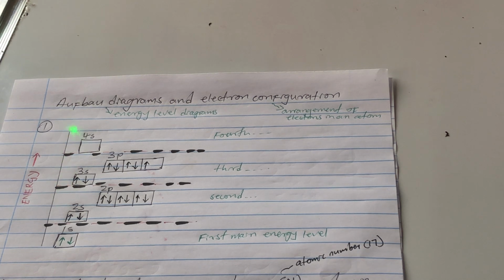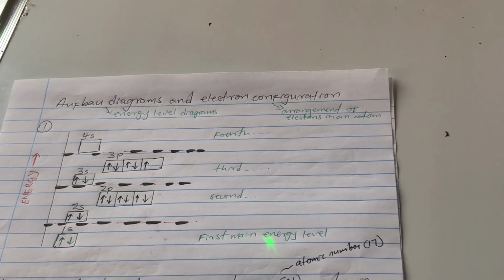You draw a straight, vertical line like this. On this side, you write energy and show that the energy is increasing by putting a line and an arrowhead. Then, at the bottom, you put one box and label it 1s.